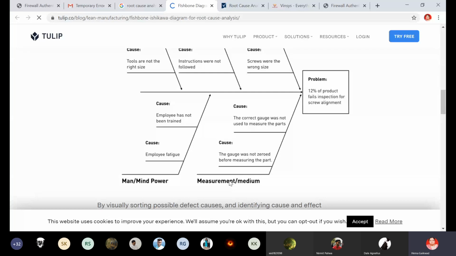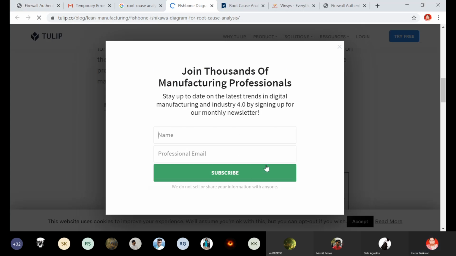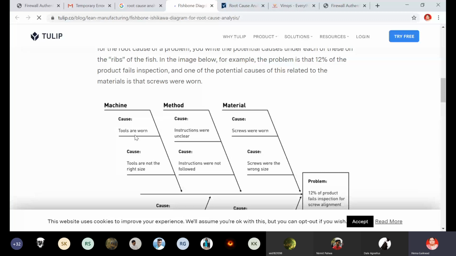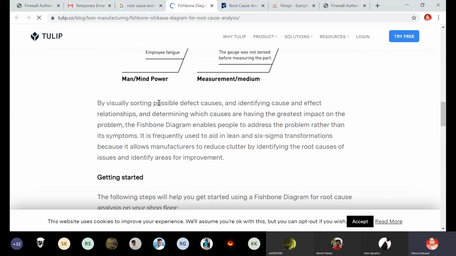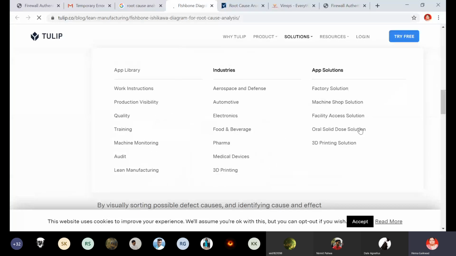So we have a total of 5 heads, and you have to write down the causes in this manner. You can define multiple causes under the machine, under the method, under the material, as well as for mind power or measurement. Clear?